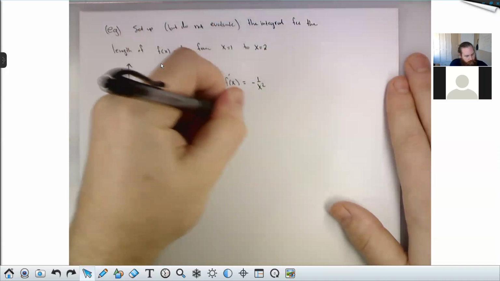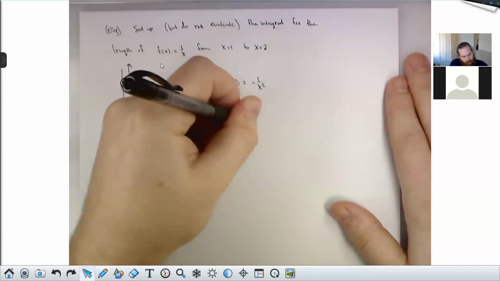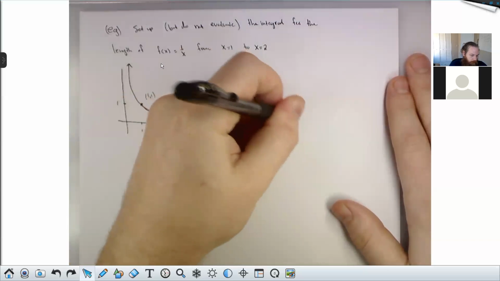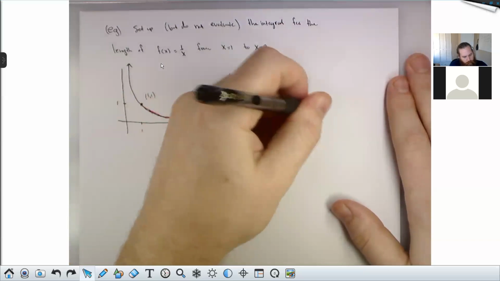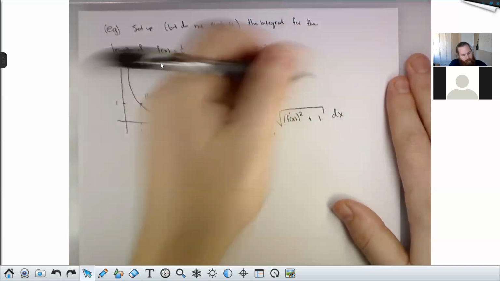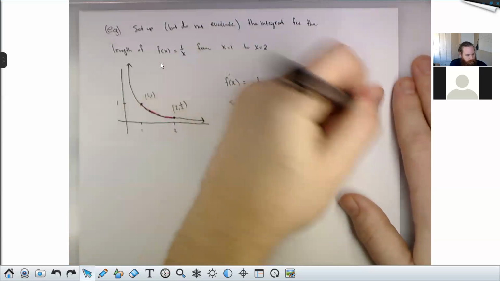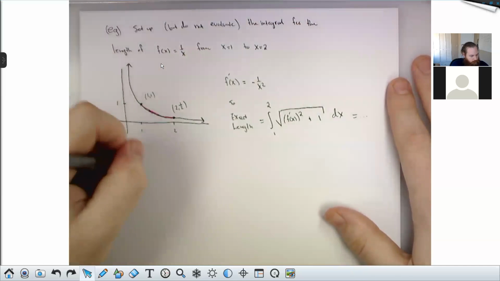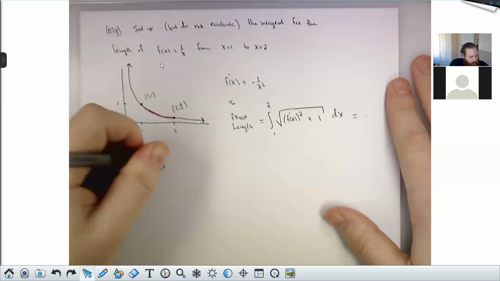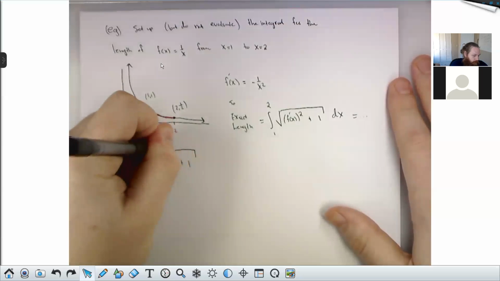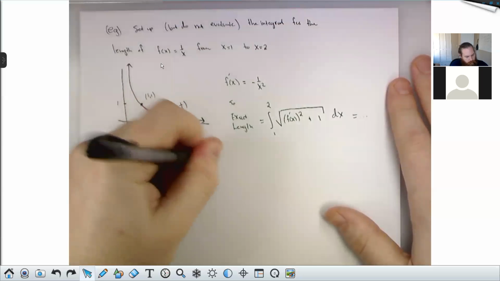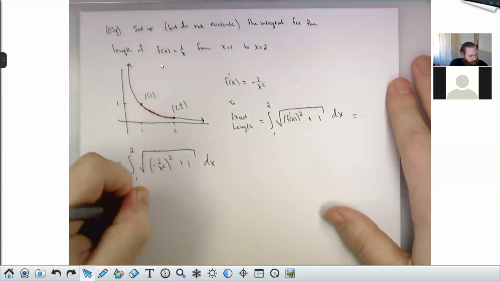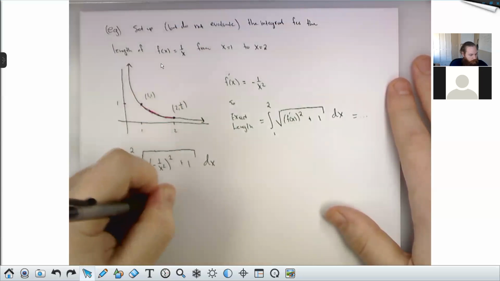So the exact length is the integral from 1 to 2, square root of f prime squared plus 1 dx, which is the integral from 1 to 2 of the square root of (negative 1 over x squared) squared plus 1 dx, which is the integral from 1 to 2 of the square root of 1 over x to the 4 plus 1 dx.